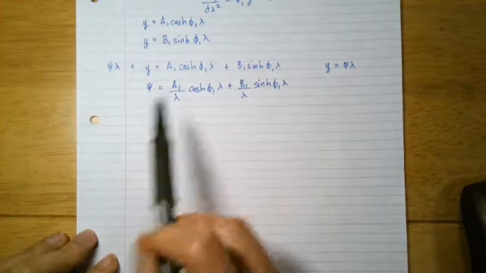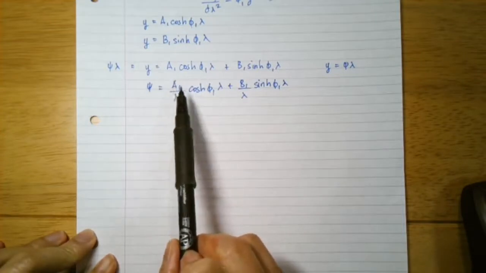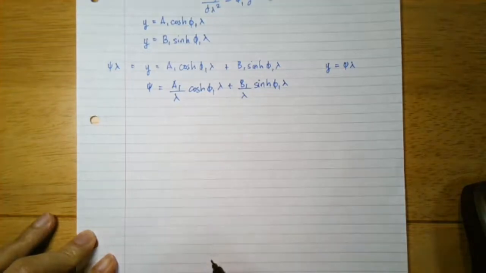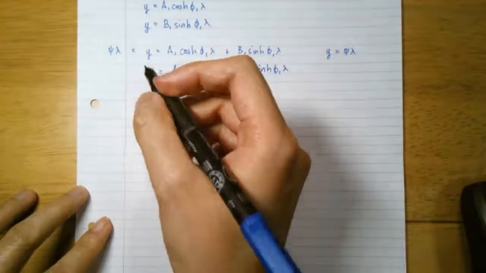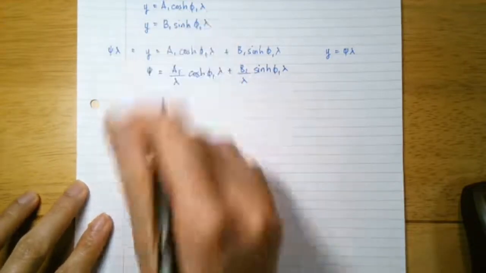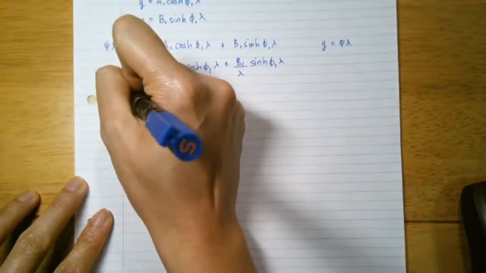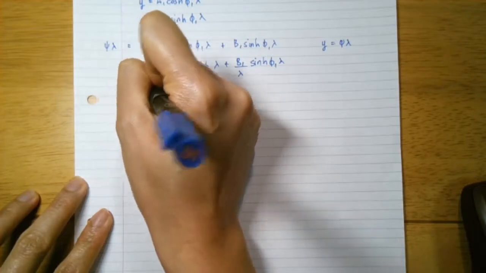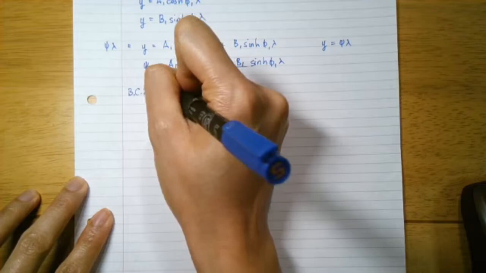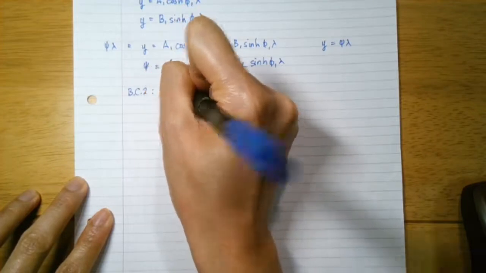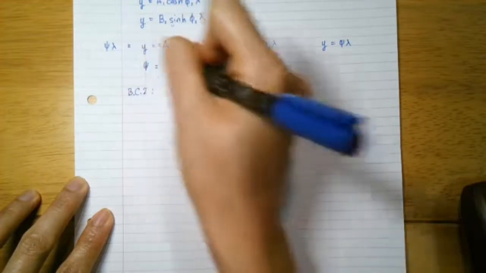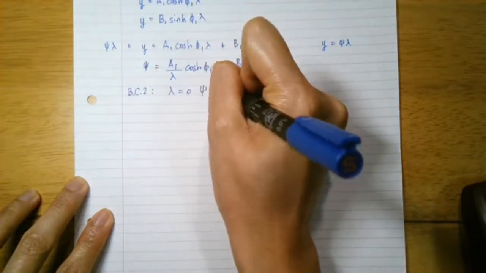Now we have to determine the constants a1 and b1 using our boundary conditions. Let's use our second boundary condition first, BC2. It states that at the center of the pellet, so that's at lambda equal to 0, psi is finite.